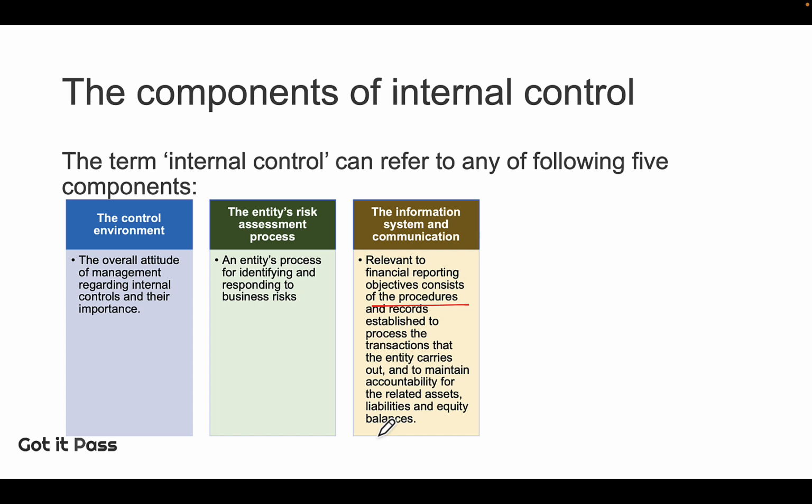The information system must be able to do several things, and it's very important. First, to identify and record all valid transactions. It's about whether the transactions can be recorded and are valid. And also, the transactions can be described in sufficient detail.